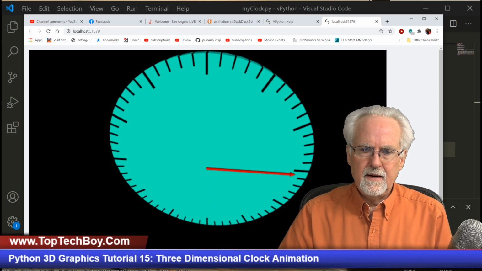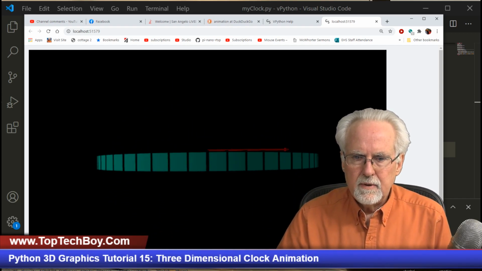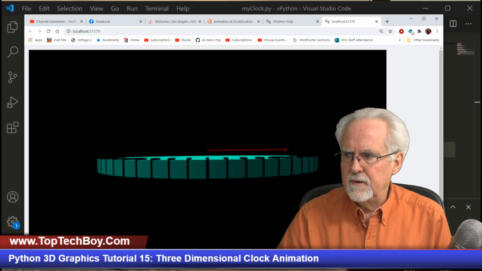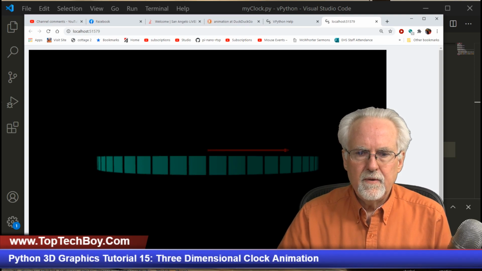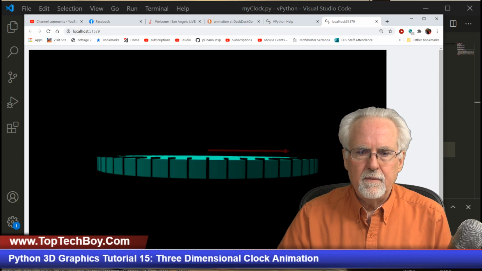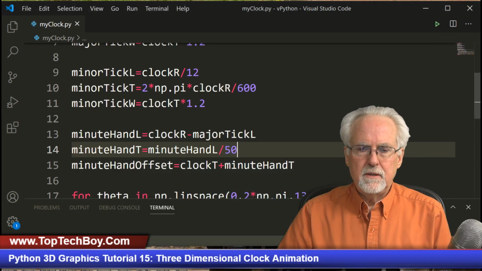Okay. I kind of like that, but still I think that's too small. But I'm liking how it's just floating above the surface there. I think that looks pretty good, although I probably don't need to be that far up there. Okay, but I still think that's way too small.